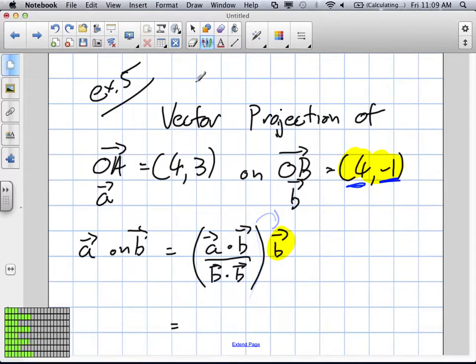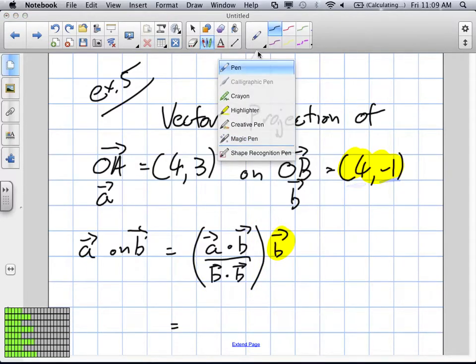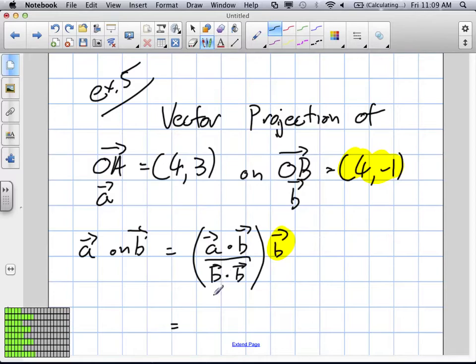So, A dot B. We have the component values of them, so we know we can take the first ones, 4 by 4, multiply them, and then add the second values, which is 3 and -1. Okay.